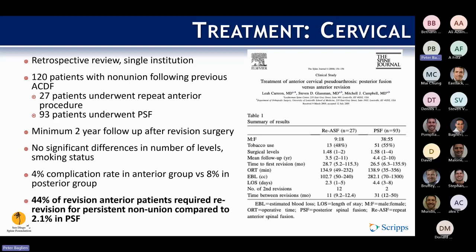And they found that there was no significant difference in the number of levels or smoking status, and there was a decreased complication rate in the anterior group compared to the posterior group. However, 44% of the revision anterior patients required re-revision versus only 2.1% in the posterior spinal fusion group, which I think is an interesting takeaway. It makes sense to me that if you're supporting the whole structure of bone, you'll get increased rates of fusion.